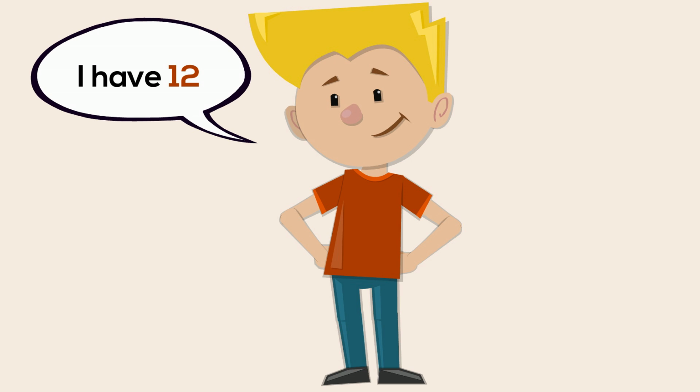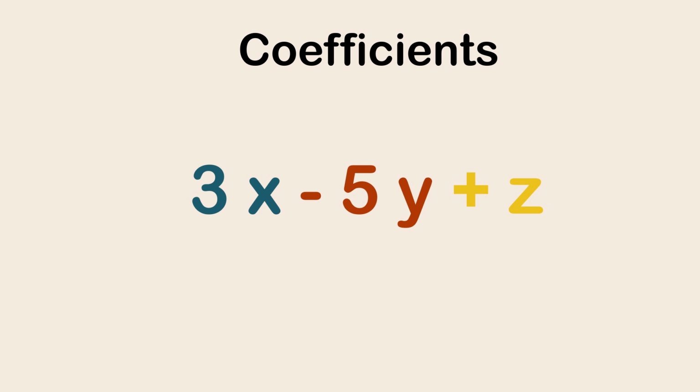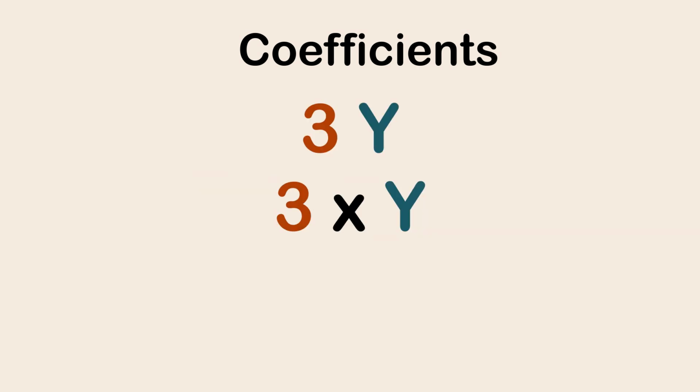Now that you understand a letter represents a number, let's talk about the numbers in front of the letters, which are called coefficients. The word coefficient comes from co, meaning together, and efficient from effect, which implies working together. In algebra, the coefficient and the variable work together through multiplication. For example, 3y means 3 is multiplied by y.